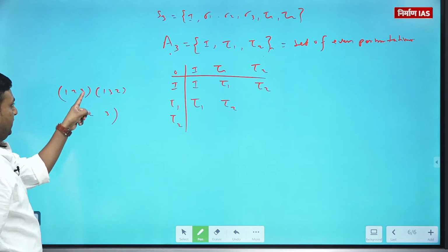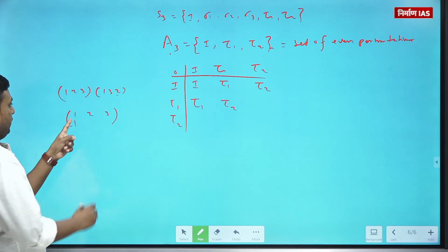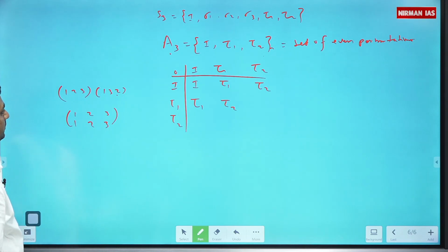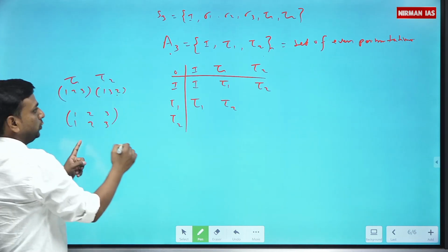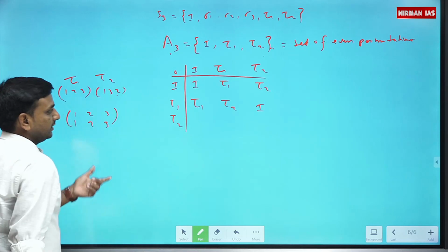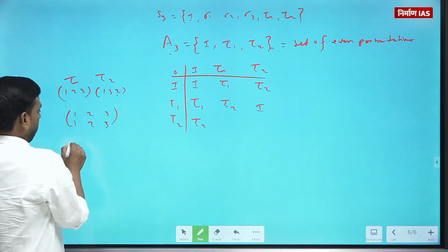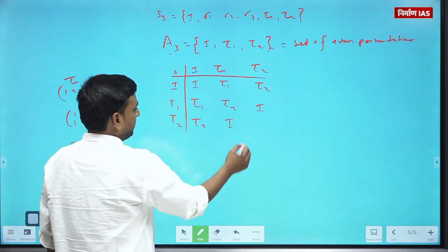Here 1 ka image 3, here 3 ka image 1, here 2 ka image 1, and here 1 ka image 2. And this is 3. This is identity. So tau 1 composition tau 2 will give you identity. In the same manner, you can compose tau 2, tau 1. This is the same as tau 2, tau 1, because they are inverses of each other, and we get I.